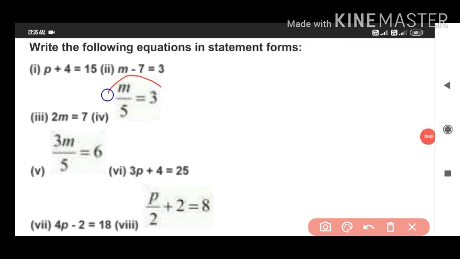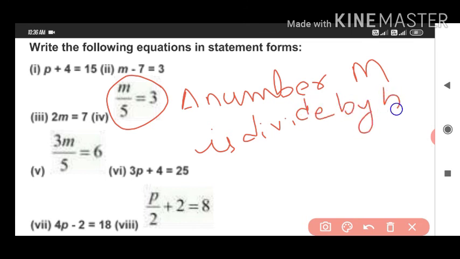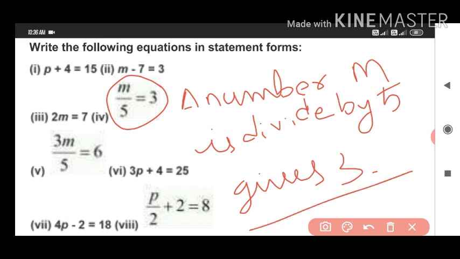A number m is divided by 5 gives 3. In this way also you can write it, in your own language.